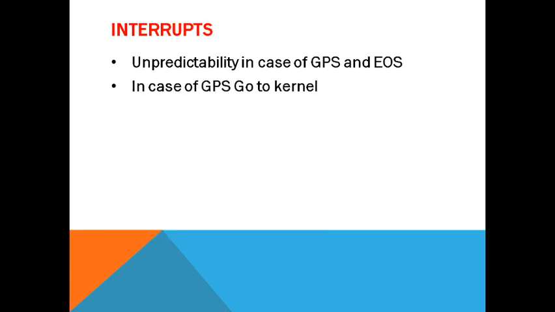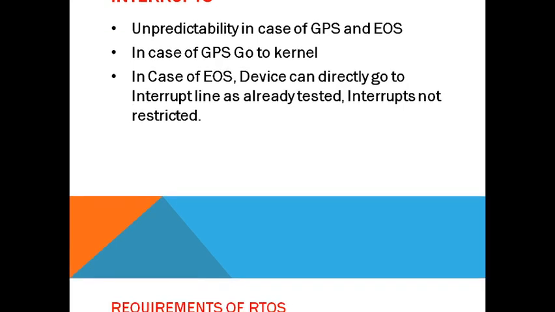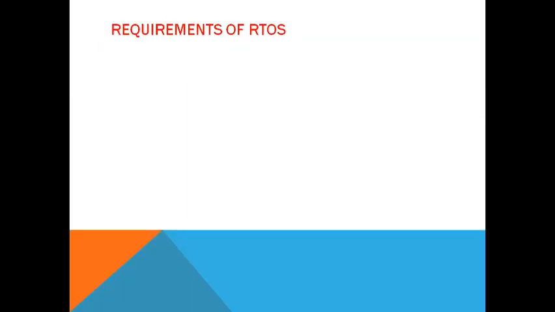In case of general processor systems, we can go to the kernel, and for going toward the kernel we have to go through several layers. But in case of an embedded OS, that is nothing but our real-time OS, the device can directly go to the interrupt line, as already tested. Interrupts are not restricted in this case, and that's why, as all the things are tested, it will not waste the time of our processor.